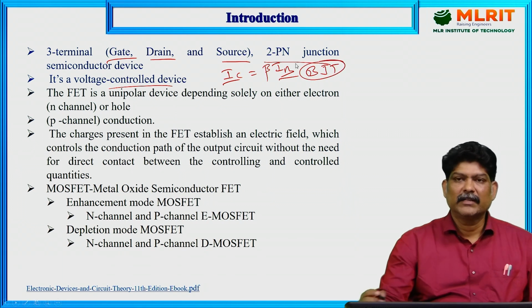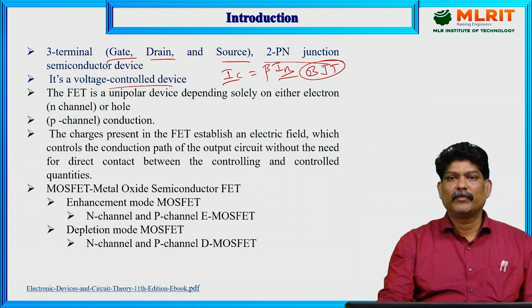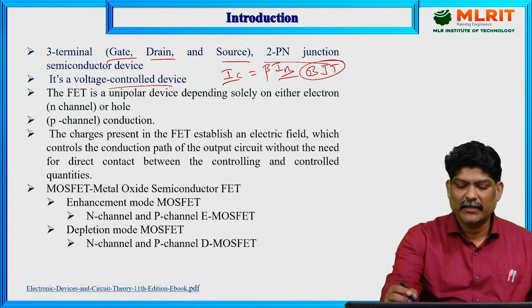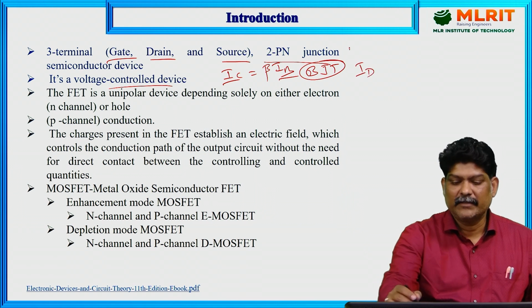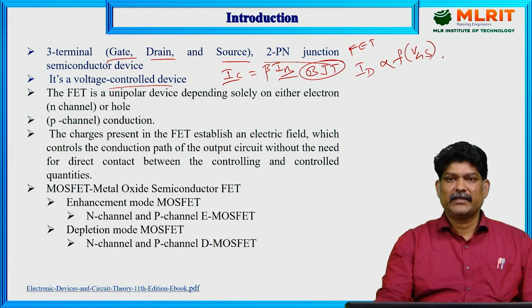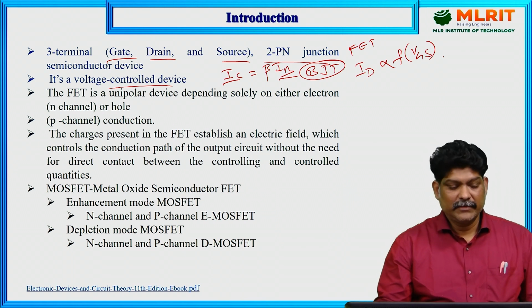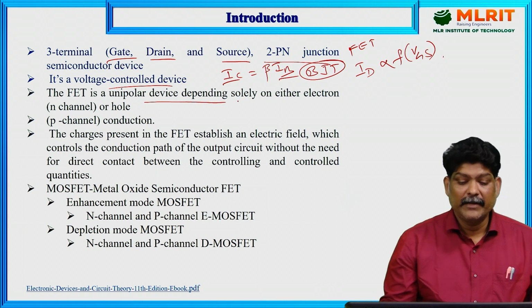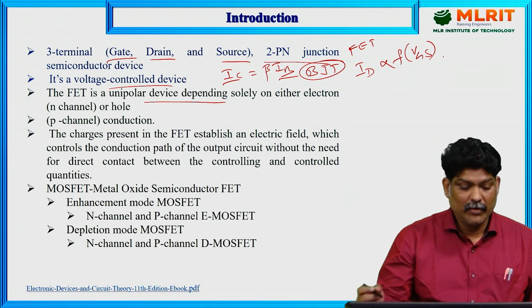Whereas in FET, the output current is controlled by the input voltage. For example, the output current ID in case of FET is a function of the gate to source voltage. So if the gate to source voltage is changed, output current can be controlled. Therefore, FET is a voltage control device, and it is a unipolar device because its operation depends on either electrons or holes.